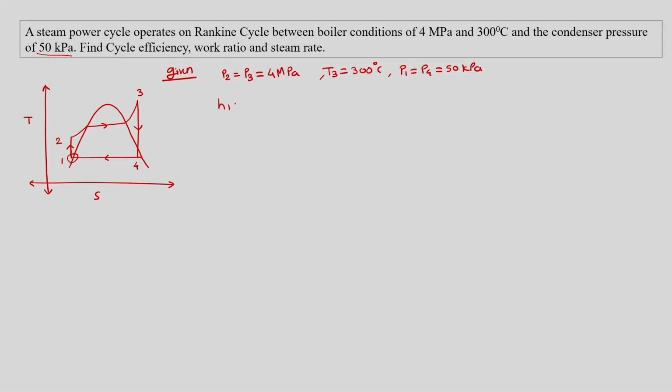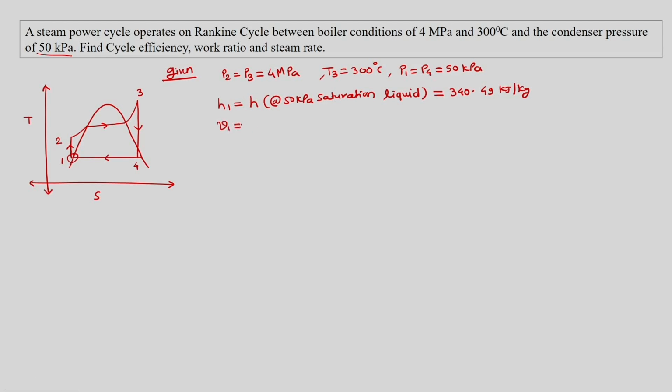So one state corresponds to the saturation liquid. So we can go to 50 kilopascal condition in the steam table and find out what is the enthalpy at state 1. So if we say H1, which corresponds to enthalpy at 50 kilopascal saturation liquid, is equal to 340.49 kilojoule per kg.